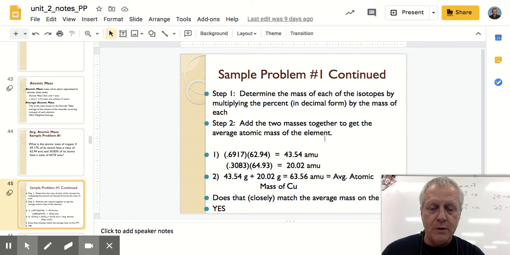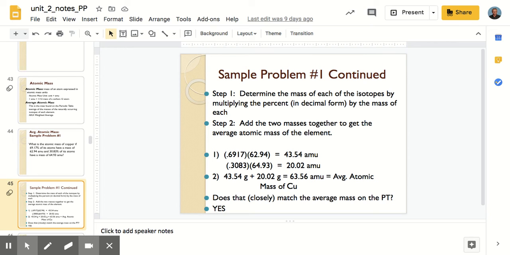You have to set this up as a multiplication problem in which you find the proportion of the one isotope that has this atomic mass, and then the proportion of the second example. Once you find the product of each of those, add them together, and that becomes the average atomic mass for copper.